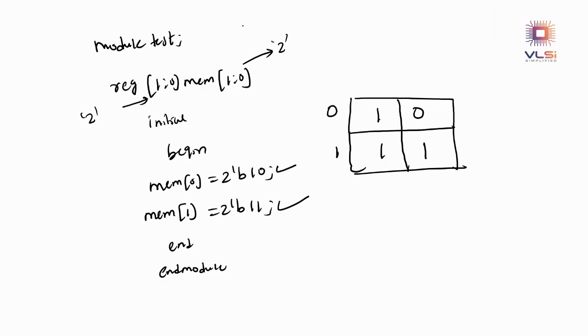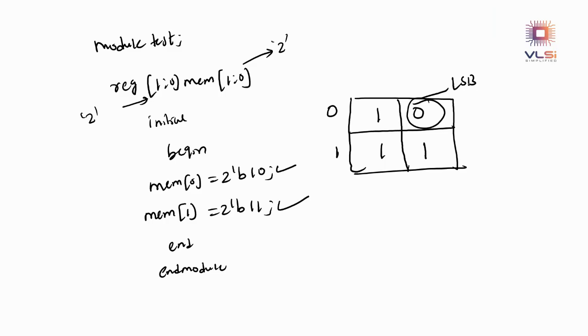Same thing. Vector slicing is not possible in arrays. Suppose you consider reg 1 down to 0, mem of 1 down to 0, in the same program.